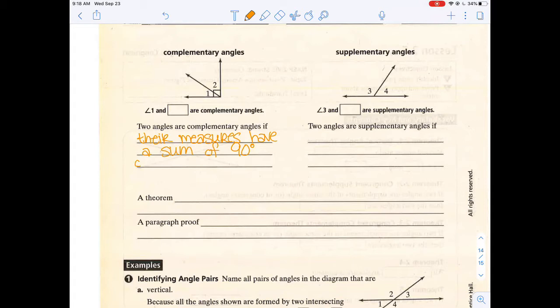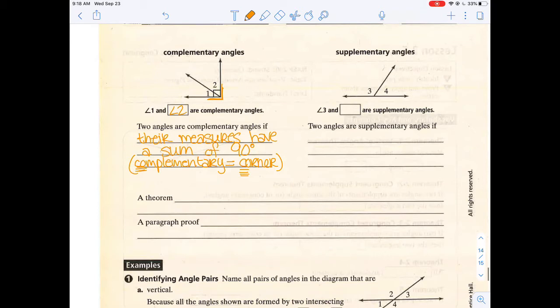And remember, we said complement, corner. They both have a C. Complementary corner. So angle 1 and angle 2 add up to a 90-degree angle, so those are complementary.